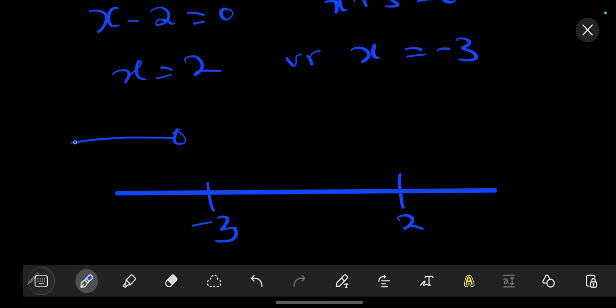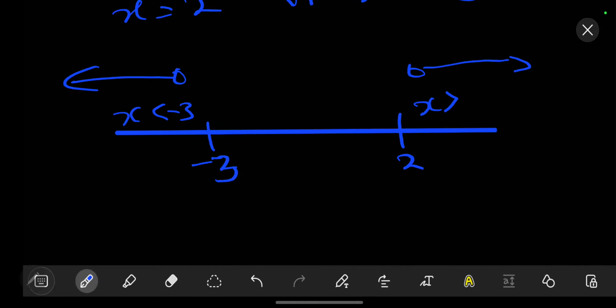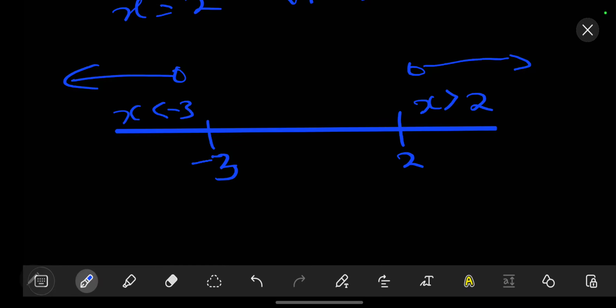All the values that are on the left of negative 3 are less than negative 3. So at this point, all the values of x should be less than negative 3. When you look at all the values going this side, they are greater than 2. So you will say x should be greater than 2, like that.